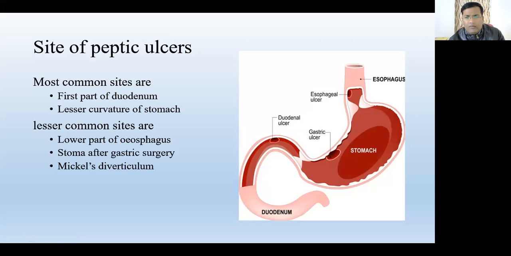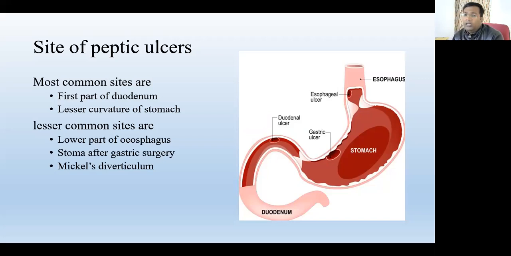The other, less common sites are the esophagogastric junction, where the esophagus joins the stomach. That site is also very important, so many ulcers may be there after esophagitis. The body of the stomach is also a part where ulcers can develop, in the greater curvature.